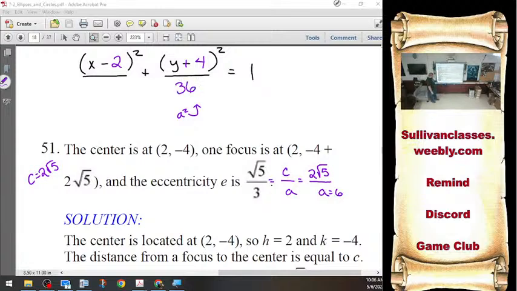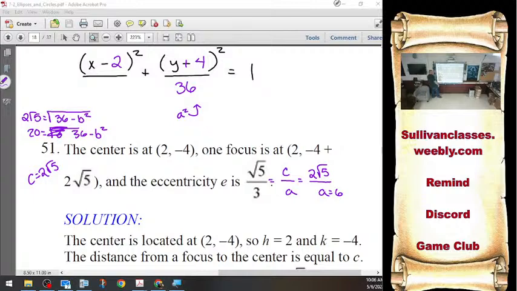Well, if a is 6 and c is 2 root of 5, I can finish it off by finding b. So c, 2 root of 5, is square root of a squared minus b squared. Square both sides. Remember, when I square a radical with a coefficient, I square inside and outside. So that's 4 by 5 is 20. No radical. 36 minus b squared.